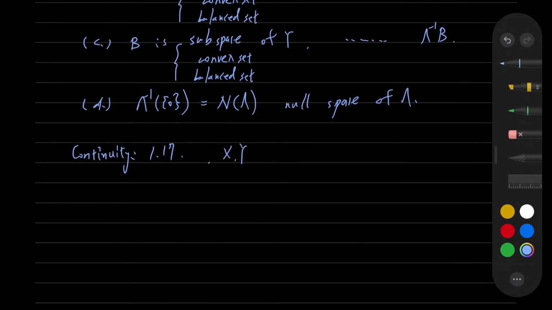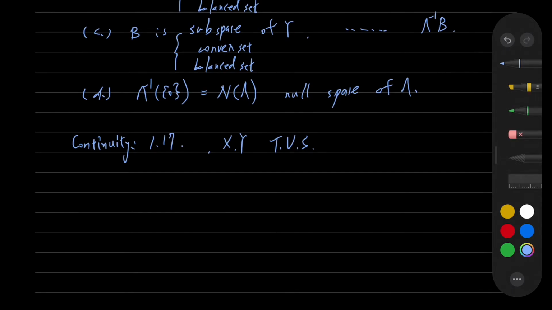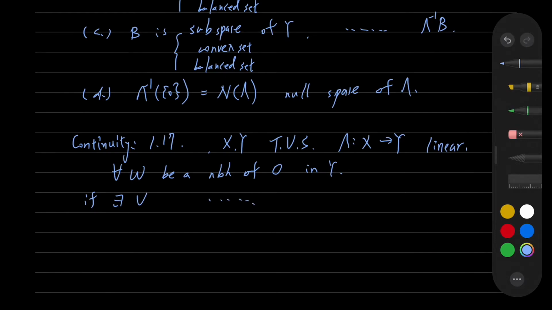If X and Y are topological vector spaces, then as before, we talk about the continuity of a function from X to Y in terms of the neighborhoods of 0 in X and Y. Let W be a neighborhood of 0 in Y. We need to find if there exists, for every W, a neighborhood V of 0 in X such that lambda V is contained in W. If so, then it's continuous.